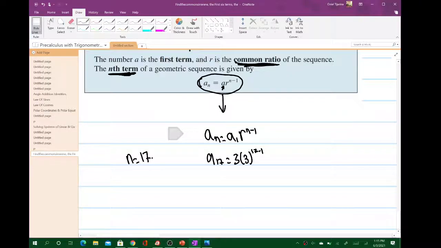You can use a calculator to know exactly what this is. So it's going to be 3 times 3 to the 17 minus 1 power.